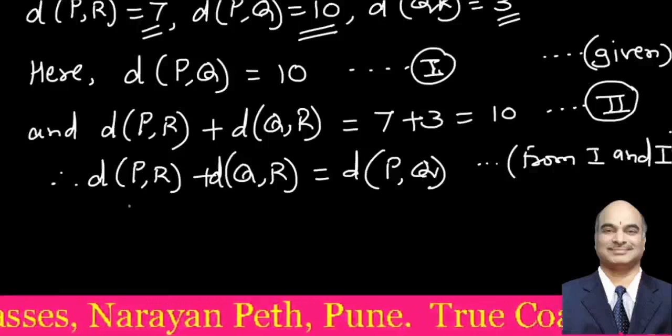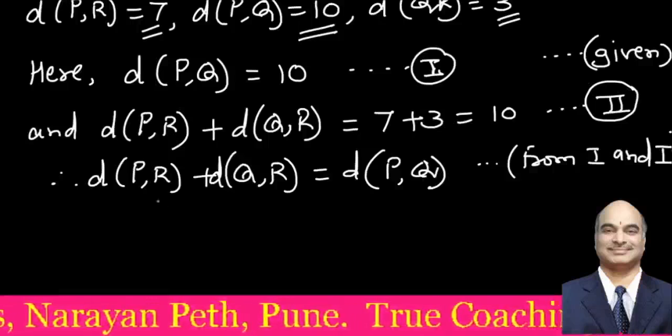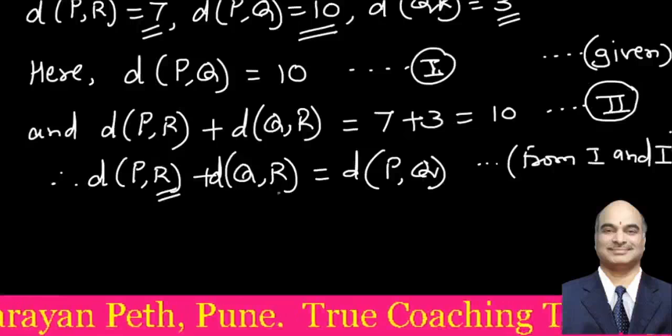Now in this sum on the LHS we have point R as common.